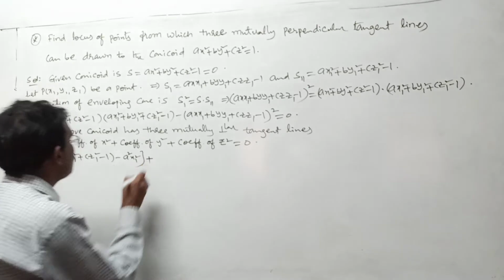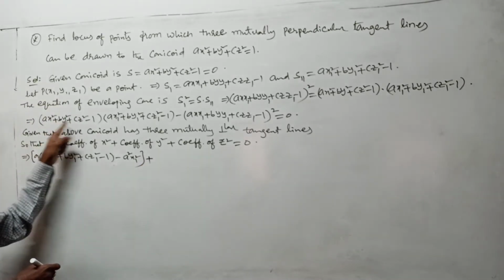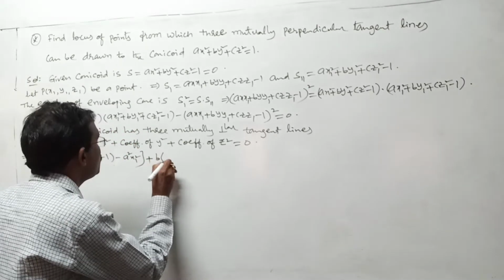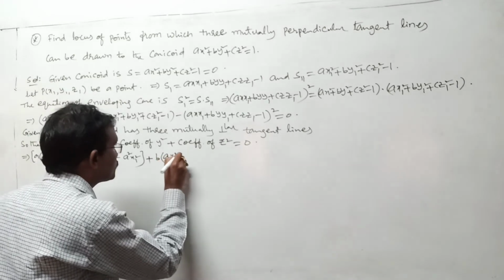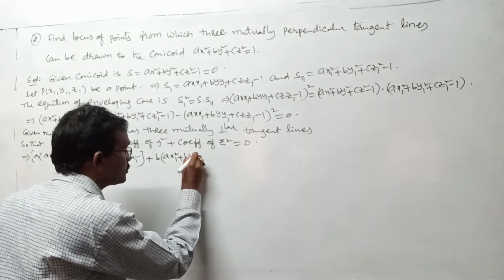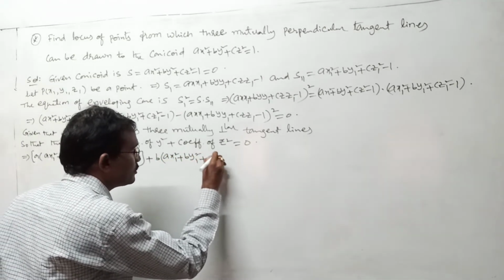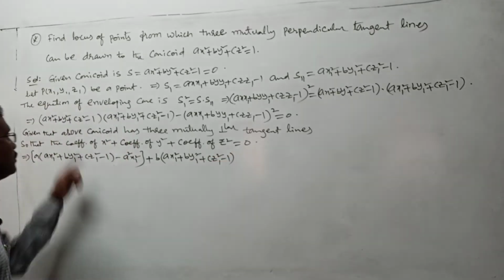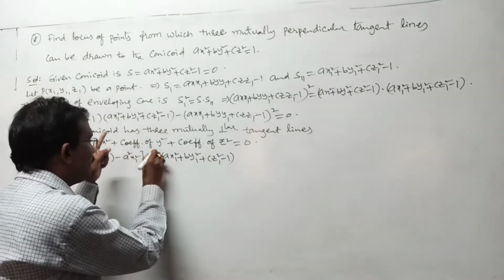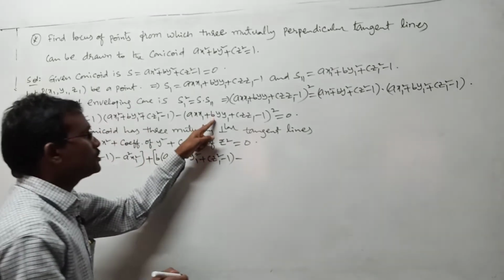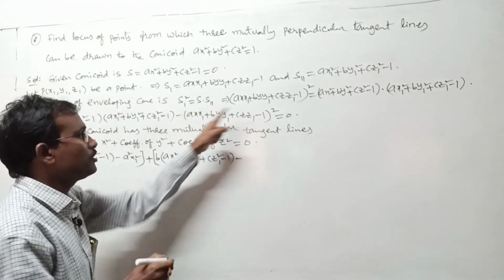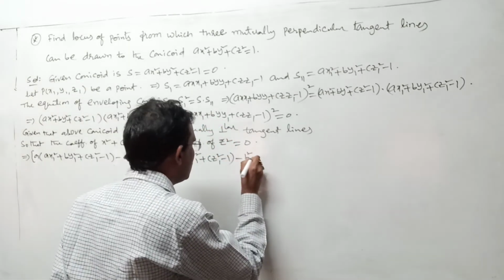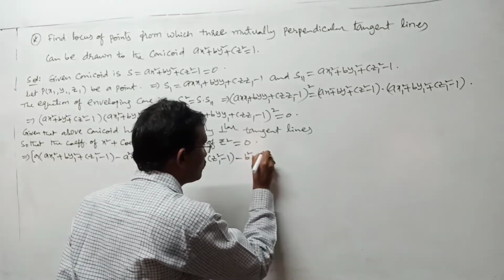Next is the y square coefficient: b into ax1 square plus by1 square plus cz1 square minus 1, minus b square y1 square.